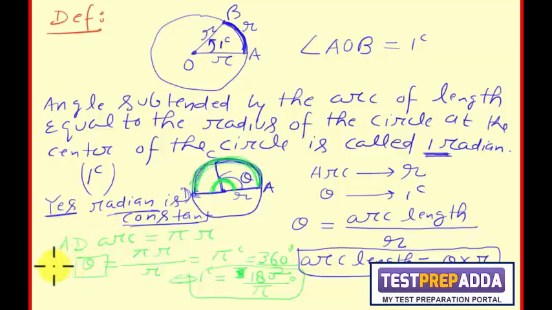So dear students, please remember that pi radian is equal to 180 degrees. This will help you in converting degrees into radian and radian into degrees.